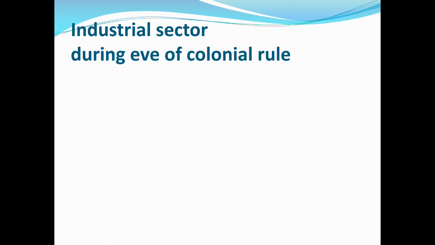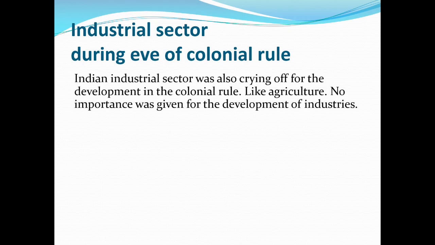Indian industrial sector was also crying out for development in the colonial rule, like agriculture. No importance was given to the development of industries. How agriculture faced trouble, the same way industries too had the same consequence.